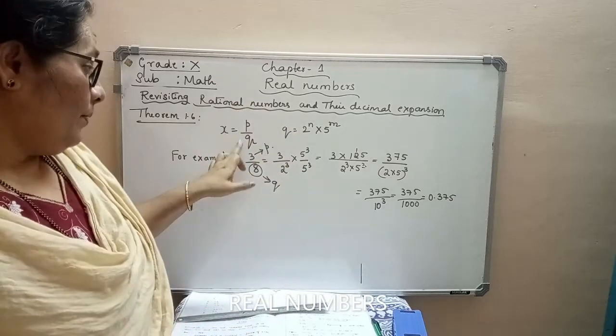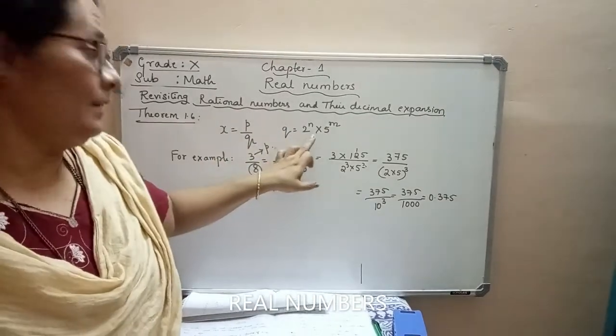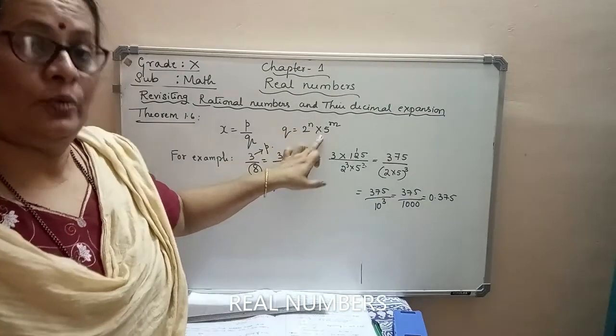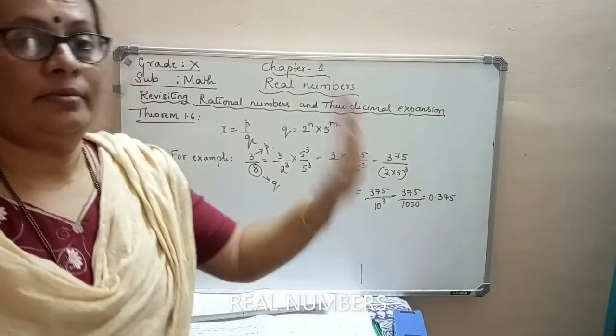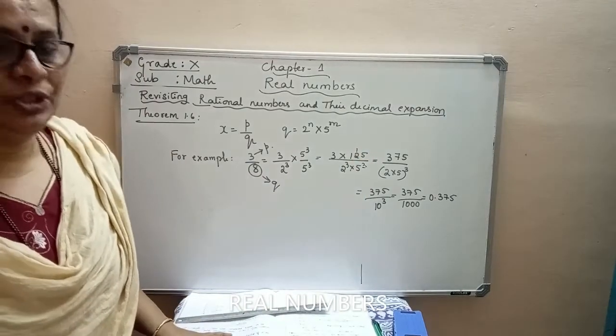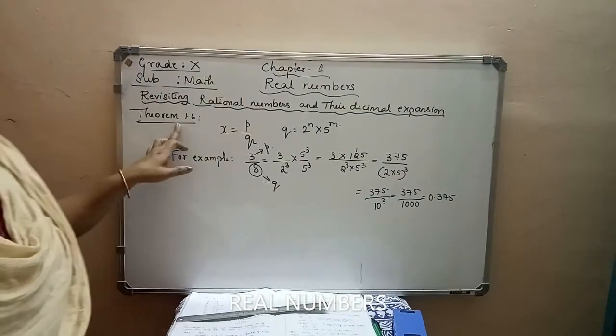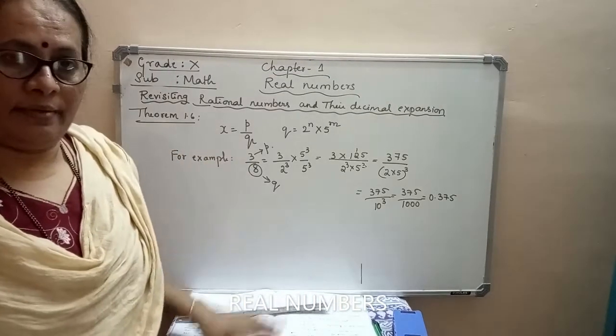If q is not able to be written in the form of 2 to the power n into 5 to the power m, then it is a non-terminating decimal expansion. That is the next theorem, theorem 1.7.